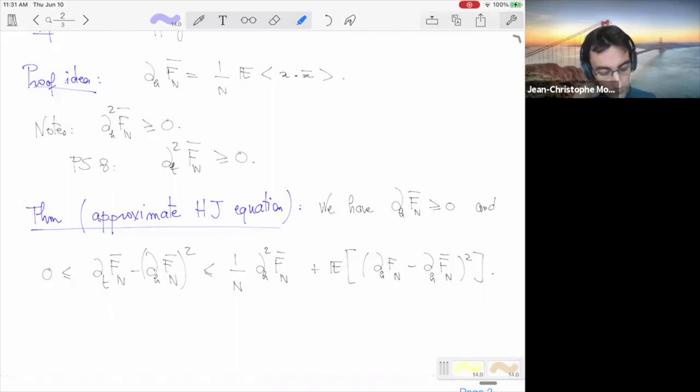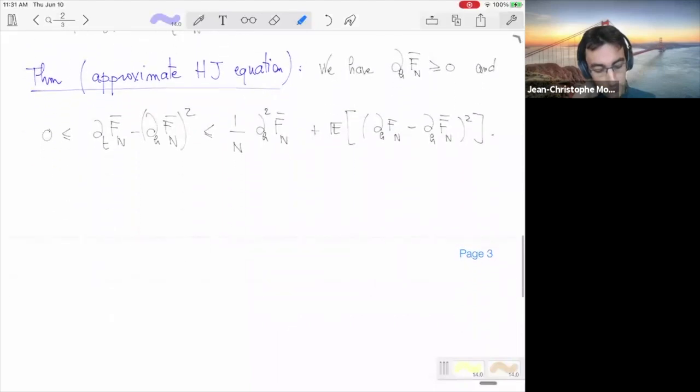Okay, so this is what I want us to prove today, and this I'm going to prove carefully. All right, so let's first settle this question about the derivative being non-negative.